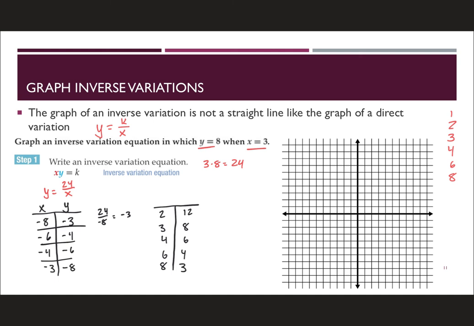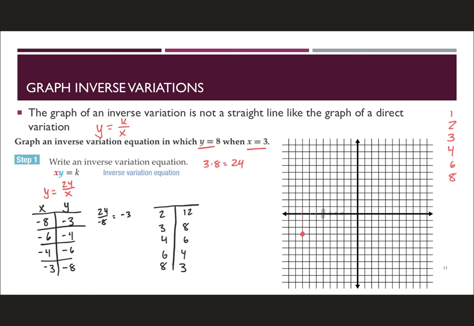Now let's plot the points. So my negatives first. Negative 1, 2, 3, 4, 5, 6, 7, 8, and then down 1, 2, 3. So here's my first coordinate. I'm just going to keep doing that.